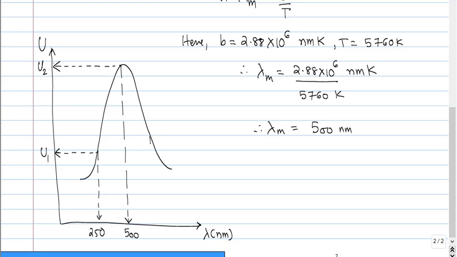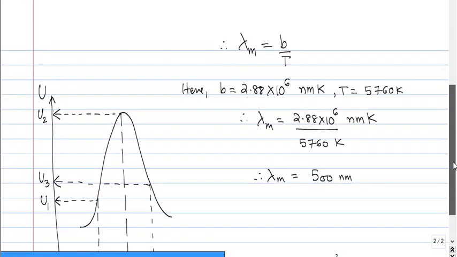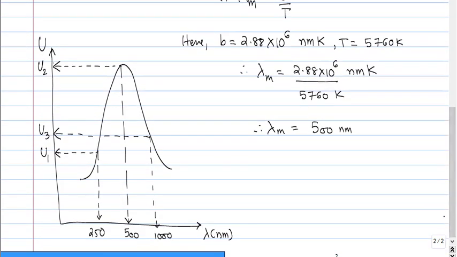So U3 is somewhere here. If I plot 1000 here, then what we observe from the graph, where does it lie? Clearly the graph shows the relation between the three energies. To sum up, once we calculate the maximum wavelength, then we can locate where the remaining energies lie.